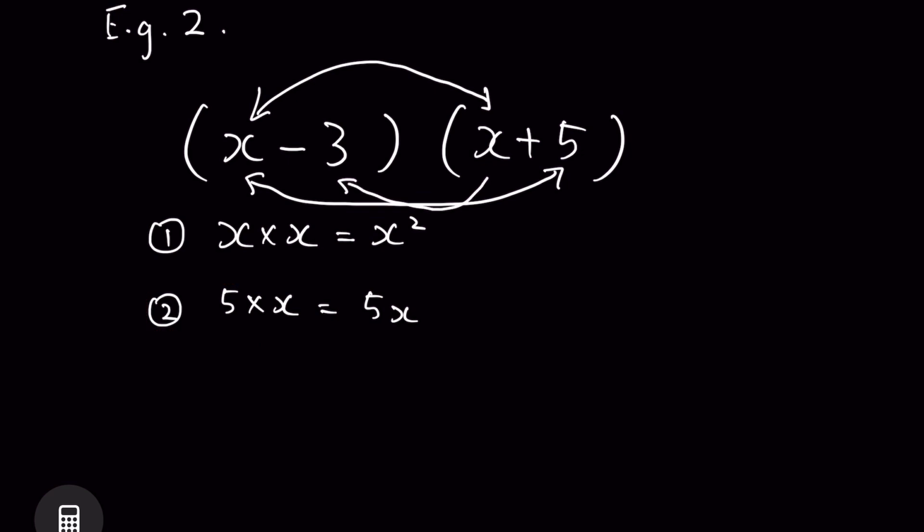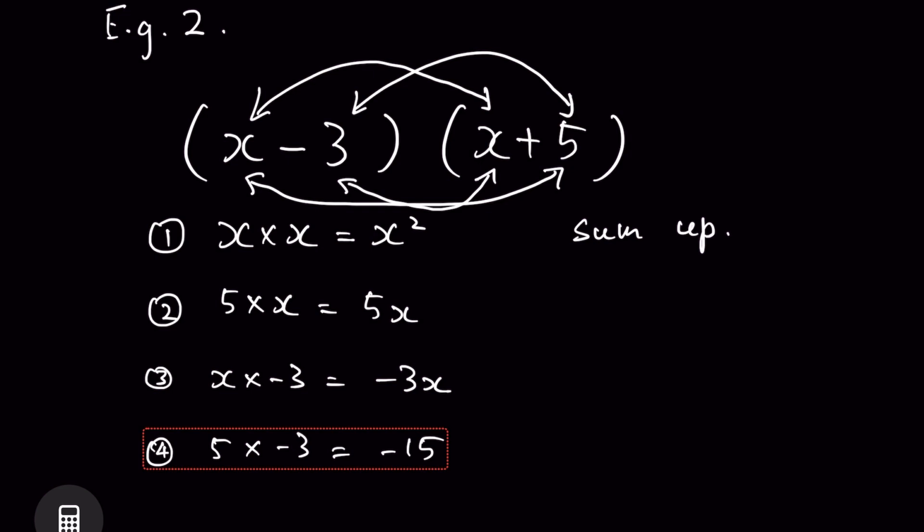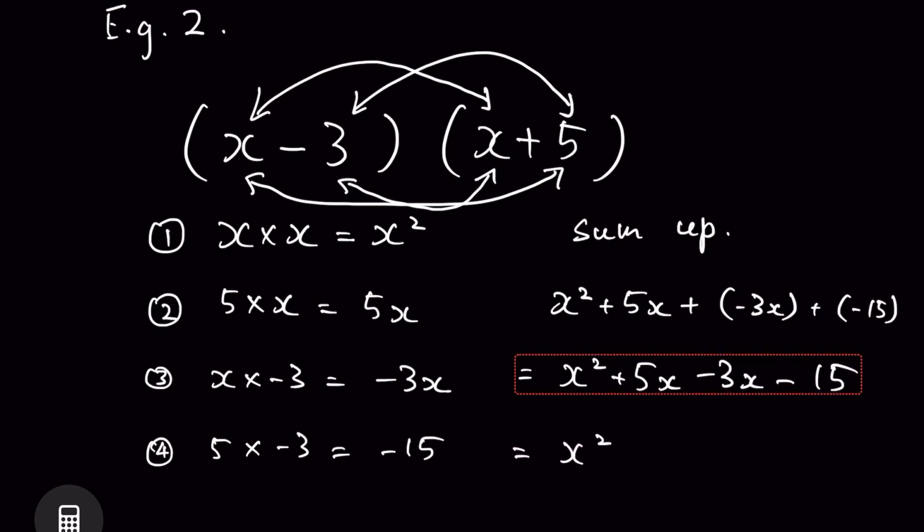Minus 3 times x equals minus 3x. And finally, minus 3 times 5 is minus 15. Now, again, we sum up, which we will get x squared plus 5x minus 3x minus 15. And we can simplify, which is x squared plus 2x minus 15.